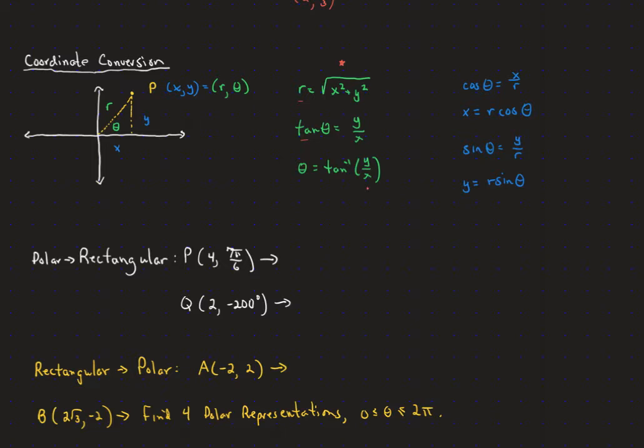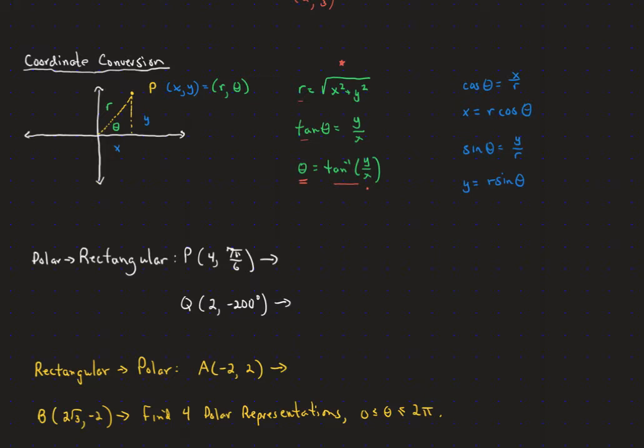Now, here you're going to have to be a little careful and make sure that the theta you use puts you in the correct quadrant according to what the x and y values are. If they're both negative, that's going to have to be an angle in quadrant 3, where x and y are both negative, and so on. So you can't just blindly take the inverse tangent without considering that you may be really just getting a reference angle, and you're going to have to carefully choose the correct quadrant and adjust theta accordingly.